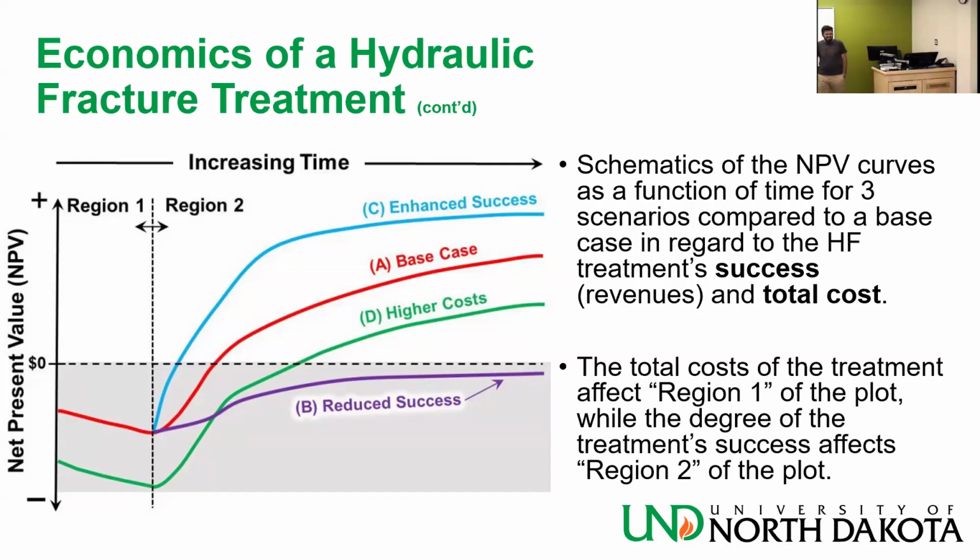For us, because this is a class example, like for your homework, it's almost like first year, day one, I do the frac job, and day one, I'm producing 365.25 times 300 barrels. So it's as if all the production comes from the first day, same thing with all the cost.